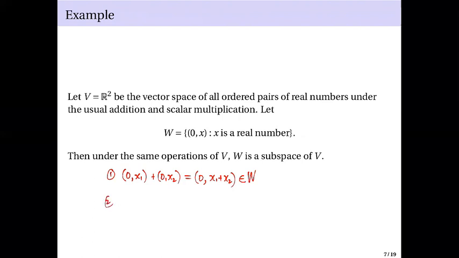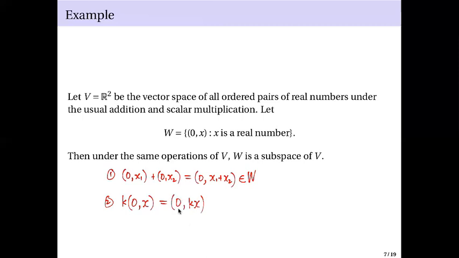And number 2, k times (0, x). We know that this is just (0, kx), because 0 times k is still 0. And the first coordinate here is 0.